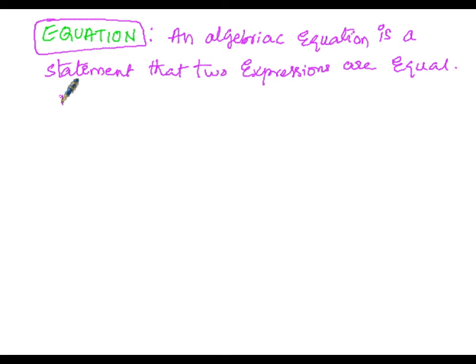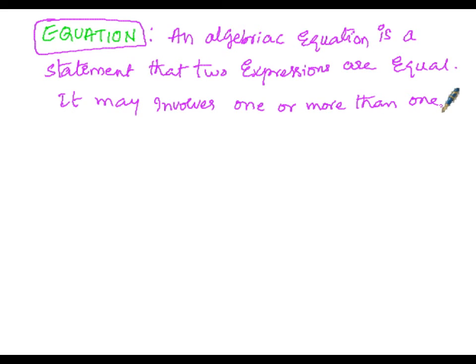And the algebraic equation may involve one or more than one variables, or in other words they are called literals.